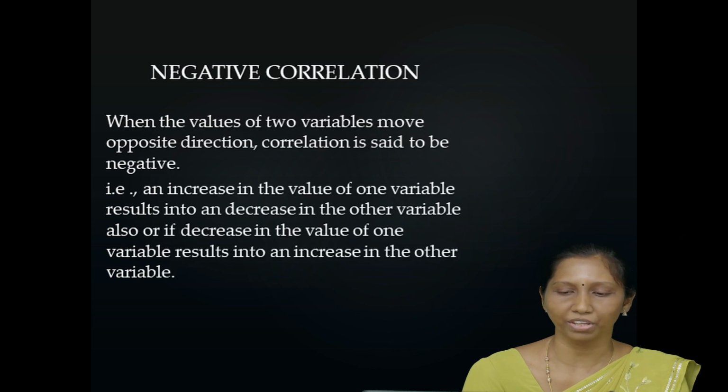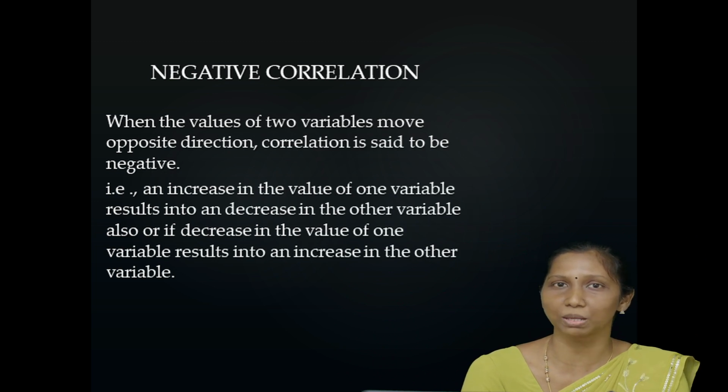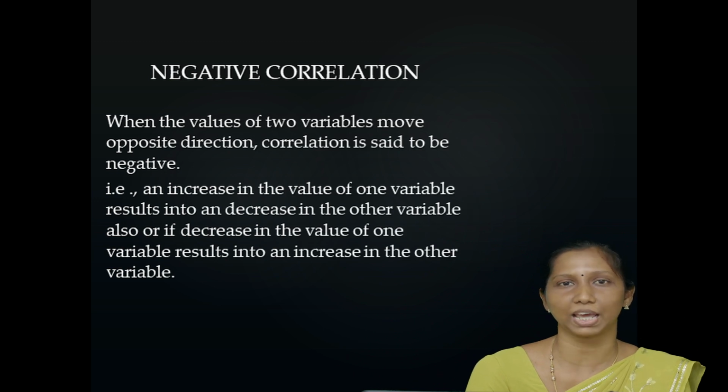For example, if there is more supply in the market, the price of the product will decrease. So both move in the opposite direction, and it is a negative correlation.